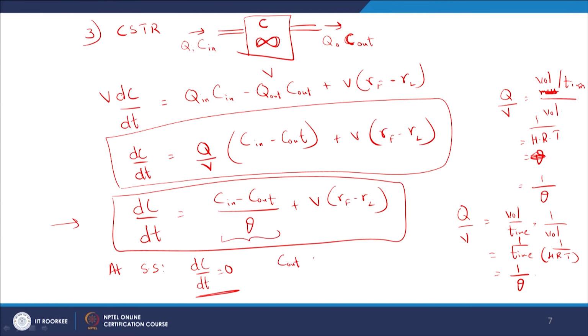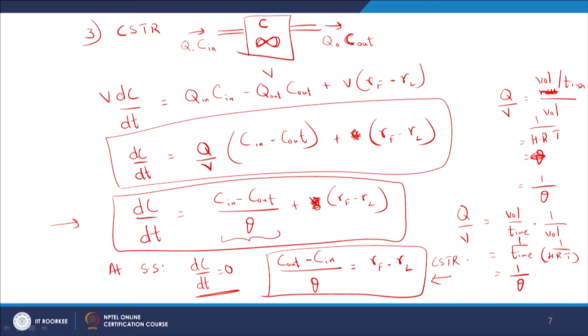So (C_out minus C_in) by theta is equal to, are we going to have the volume term if we divide by V? We are not going to have the volume term here. It is going to be equal to rate of formation of the compound minus rate of loss of the compound. So this is what we have for a CSTR.